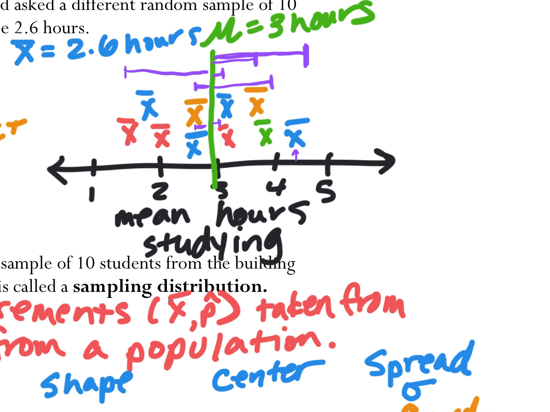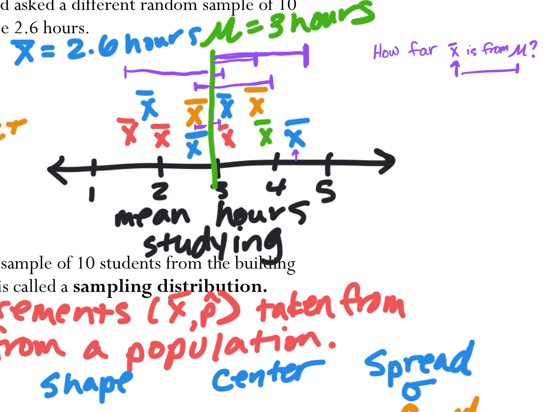The standard deviation is the average of those distances. When we look at this picture, those distances are how far my sample mean is from my population mean. So the standard deviation is the average distance X bar is from my population mean.